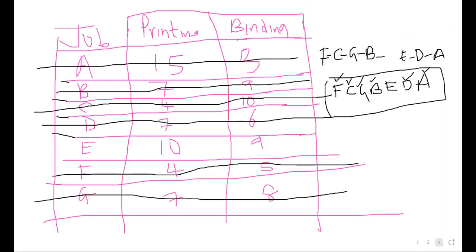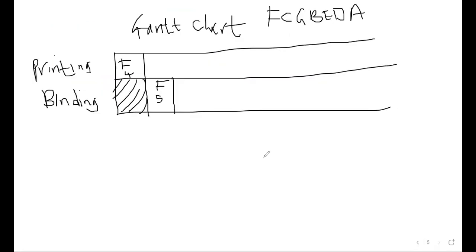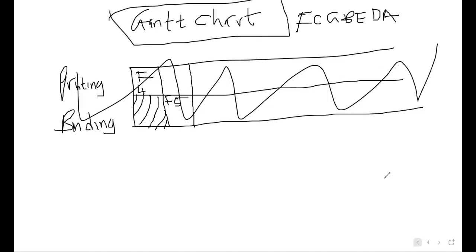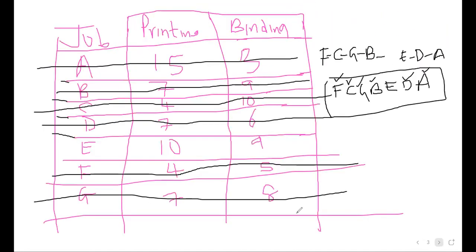By the time they're finishing, they have printed already. Here, they can't start binding it, that's why we have idle time here, because they are waiting for the same job to be printed. Now that it's printed, they can start binding it in the other department. Binding it is taking 5 hours, from the table that we have.